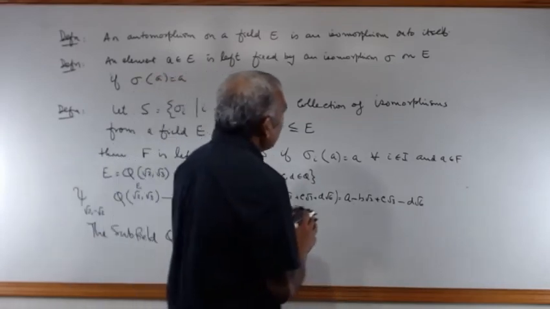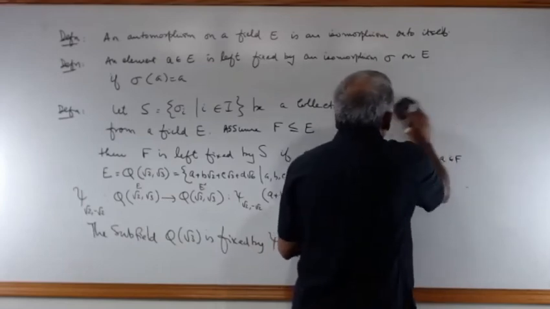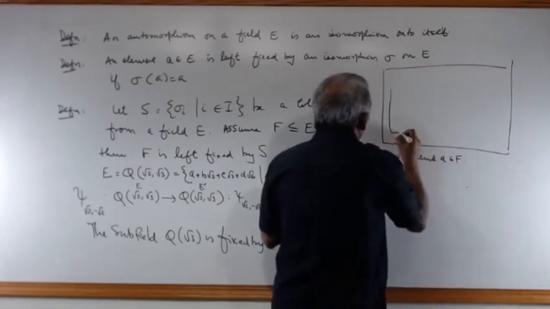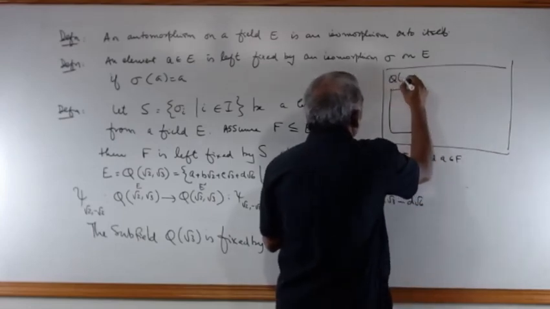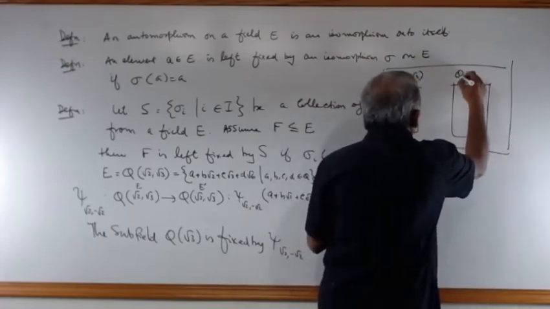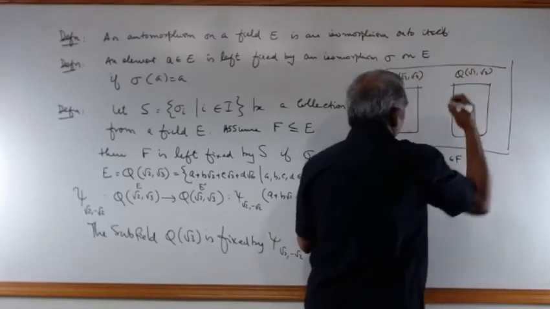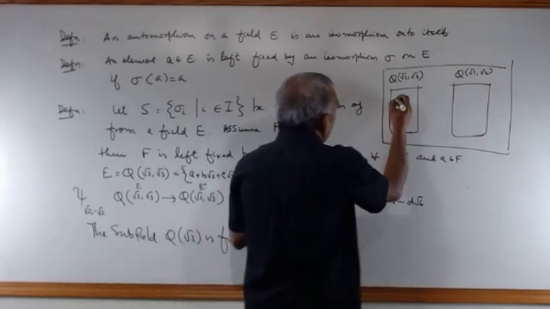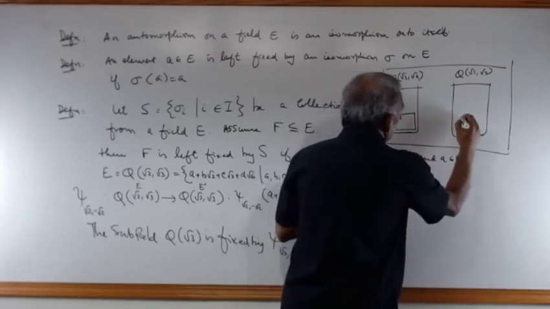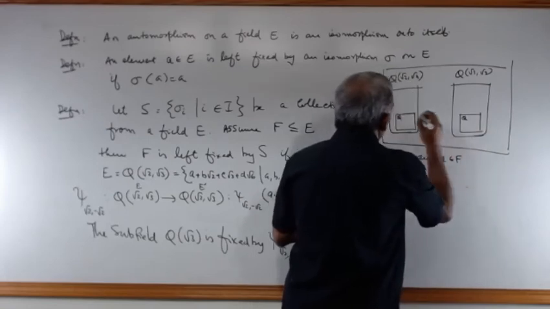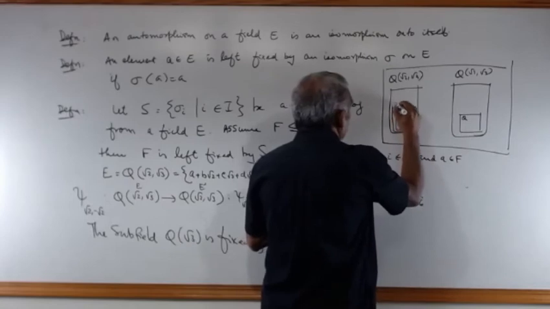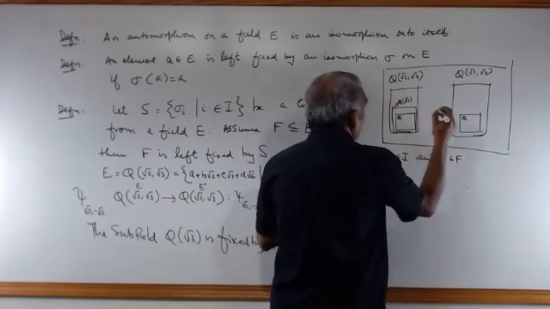Why? Because if you take this, our Q of root 2 comma root 3, there is another Q of root 2 comma root 3, and we have Q here, there is a Q here, and there is also a Q of root 2 here, and Q of root 3 here, and there is a Q of root 3 here.